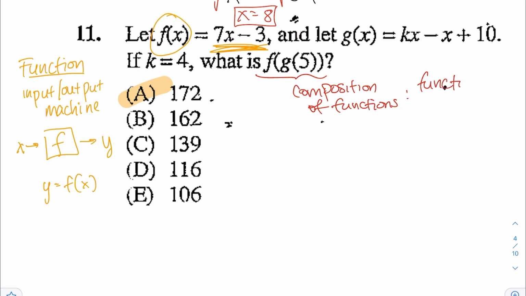So inside this function of f, you have another function of g. So what that means is, just like in the order of operations, you got to do the innermost parentheses first. You got to do g first. So first you take 5, this input, you put it into this function, this machine called g. You'll get g of 5.